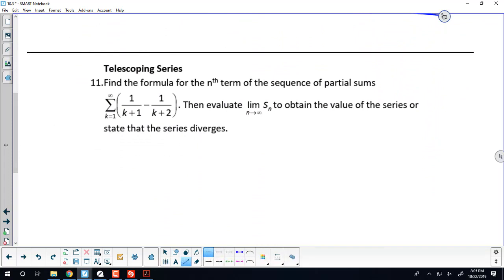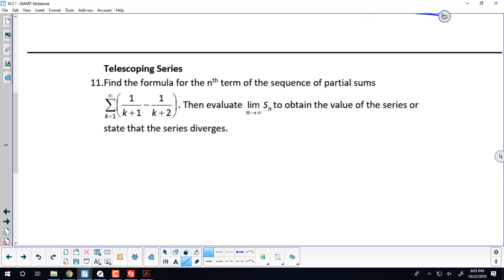So the other kind of series that we can find a nth partial sum for are these telescoping series. When you think of a telescope, think of a really old school pirate telescope, ones that fold out and fold in, not modern telescopes. So the idea of a telescoping series is that you start off with this thing that looks infinite, this giant thing, but it actually ends up contracting into a couple of things.